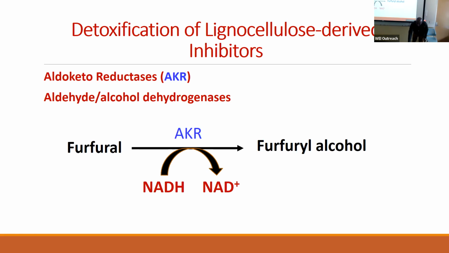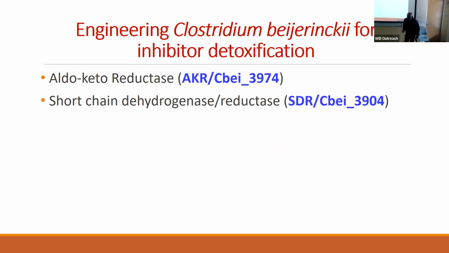And that's what we tried to do in one of the studies we've done over the years. We looked at an organism called Clostridium beijerinckii that produces butanol, an important biofuel. So we looked at the genome and we saw aldoketo reductase and short-chain dehydrogenase reductase. We also exposed this organism to different concentrations of furfural.